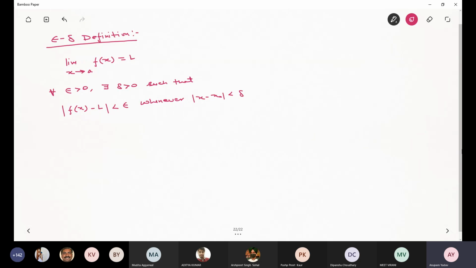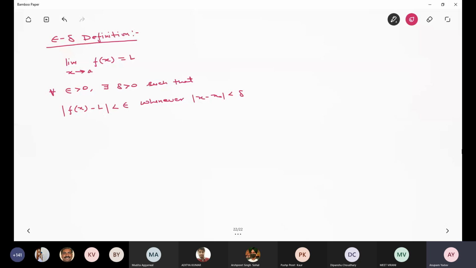So what I'm saying is, if for a given epsilon we are getting a delta which is also positive and this whole expression is valid, then we'll say the function f(x) at a has limit L.